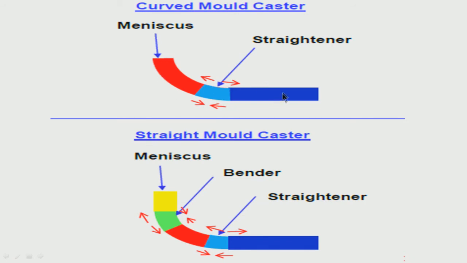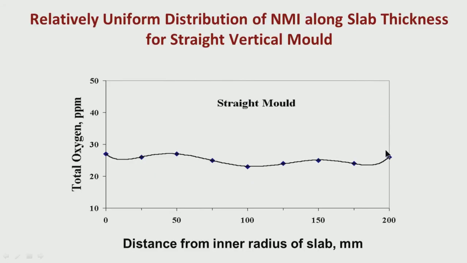If you analyze the slab from the inner radius to the outer radius, you will find the inner radius has relatively more inclusions and the outer radius has relatively fewer inclusions. In a straight mold, it is more or less uniformly distributed. That is what I have shown.